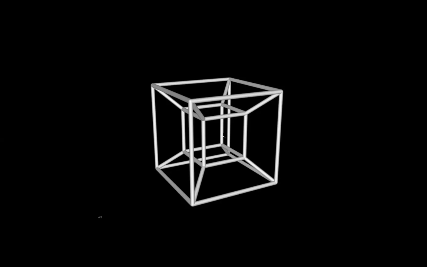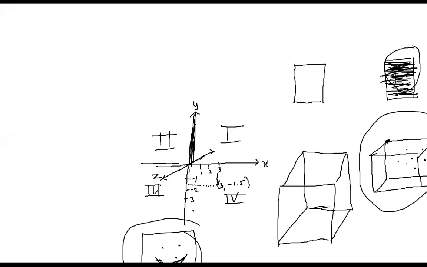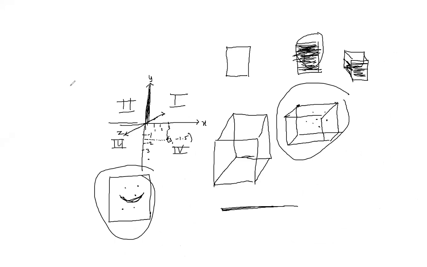I also want to tell you one ideology. I'll just show you representatively, so I'll share the whiteboard. There is a book called Flatland: A Romance of Many Dimensions, or something like that.